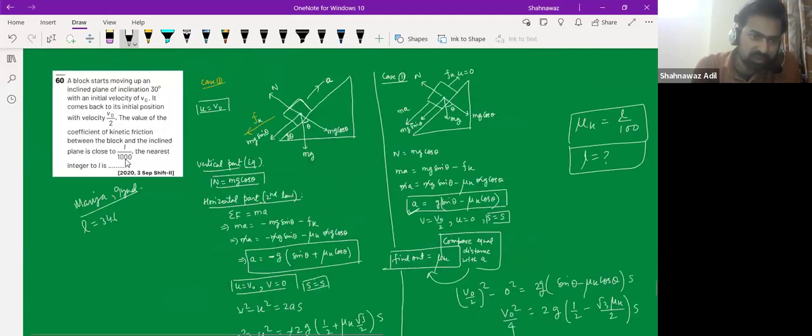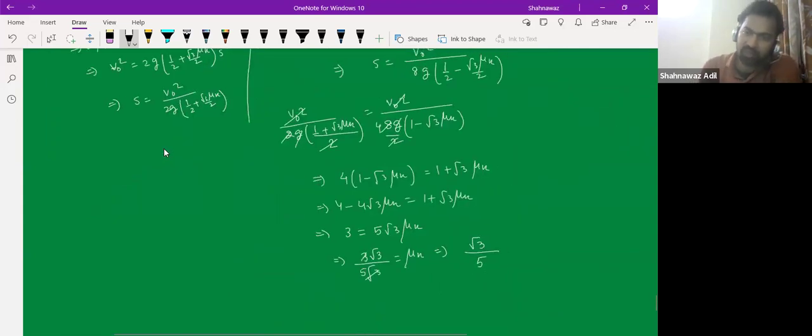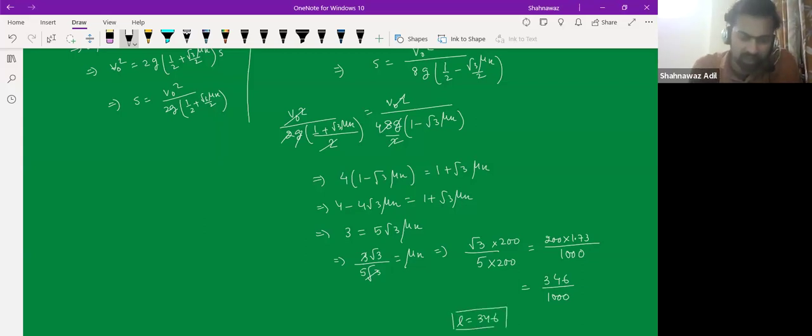So this is 1000, which means that we have to multiply this by 200. So this is 200, 1.73 divided by 1000. So how much is this thing? This is 6, and this is 4, and then this is 346 by 1000. So L is 346. This was indeed a lengthy question.